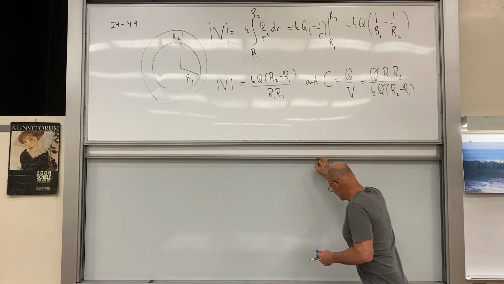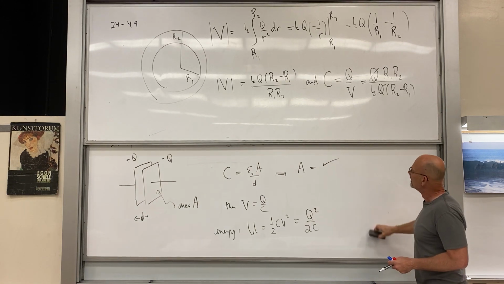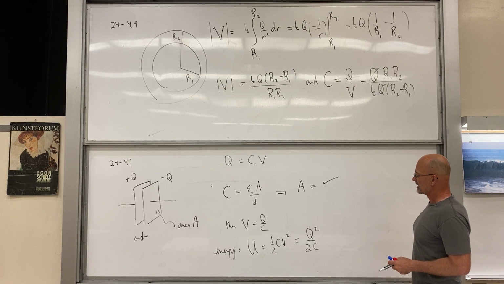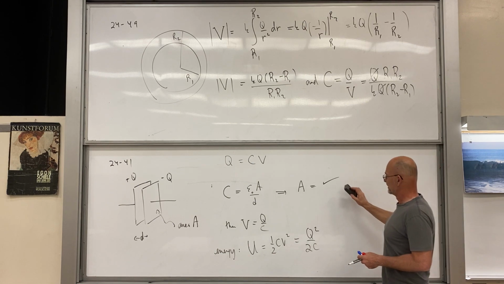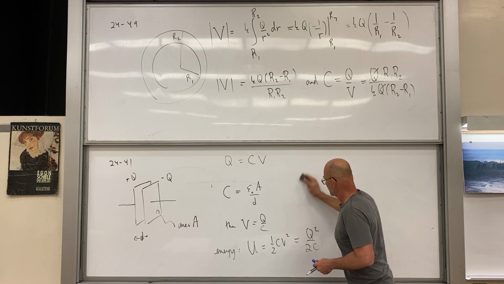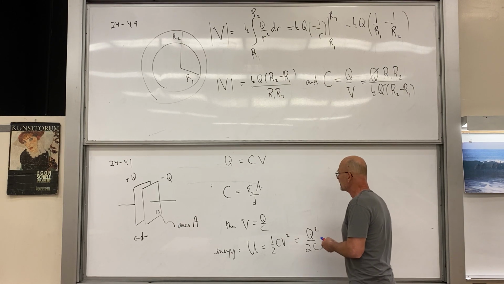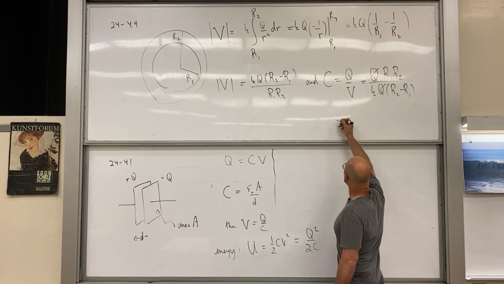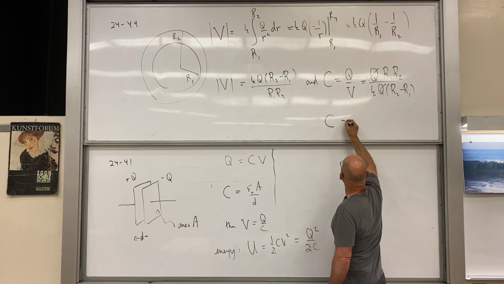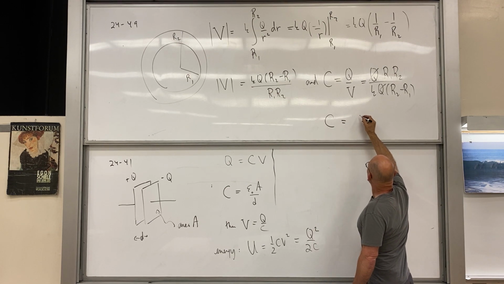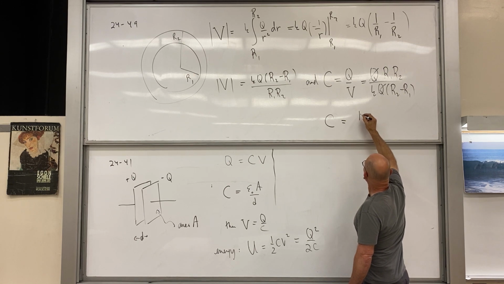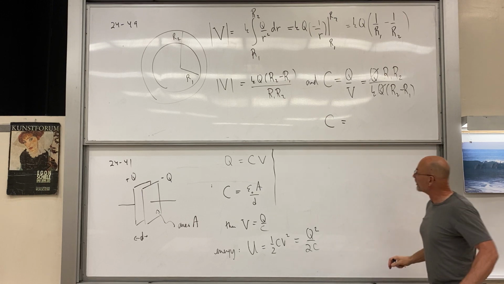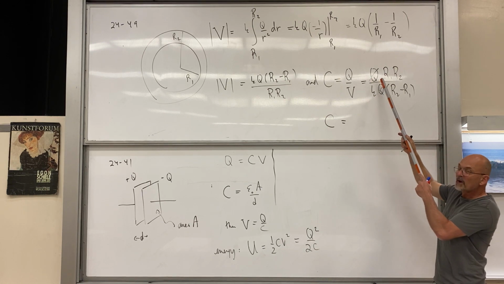The limiting case is kind of interesting. We actually want to have all this stuff up here. So our capacitance, we'll just write it down right here. 1 over K is 4 pi epsilon naught.